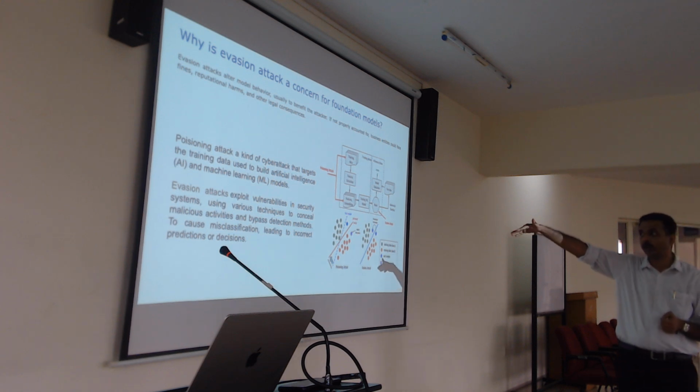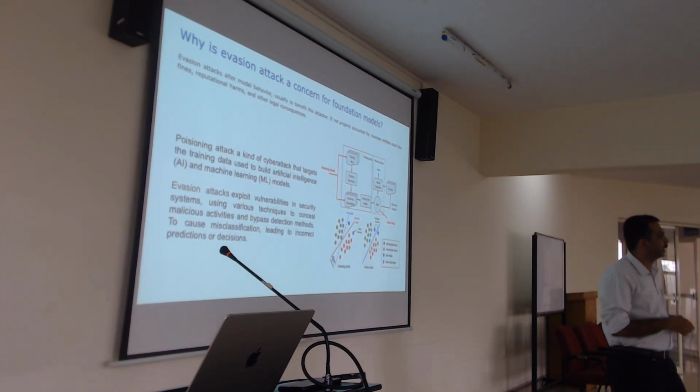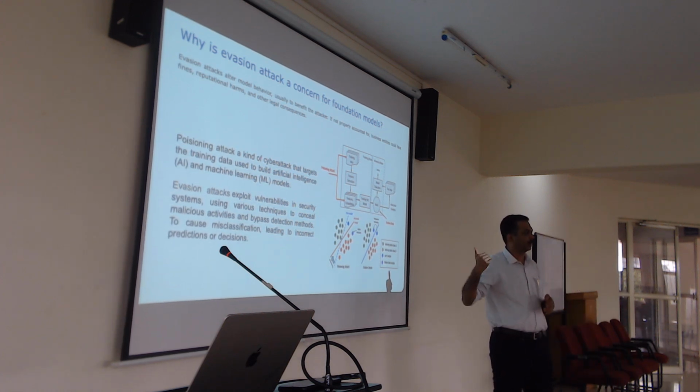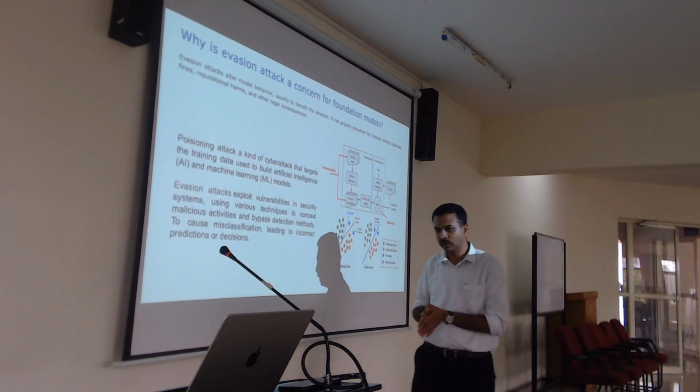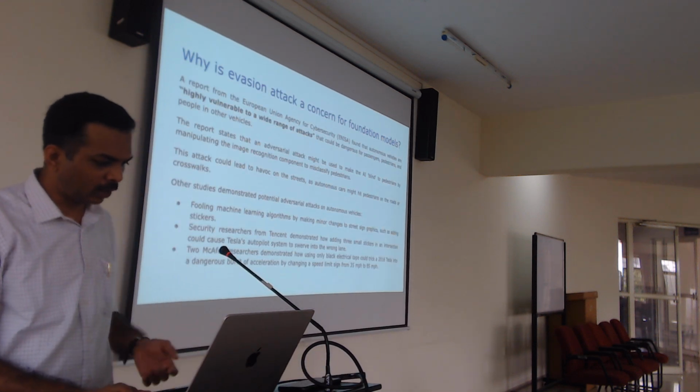So you have a lot of options to do research here. You may provide your own solution for poisoning attack, or a solution for evasion attack, on how your model can be saved from the attack. You may think in this regard to deal with these attacks in cybersecurity. There are a lot of solutions.